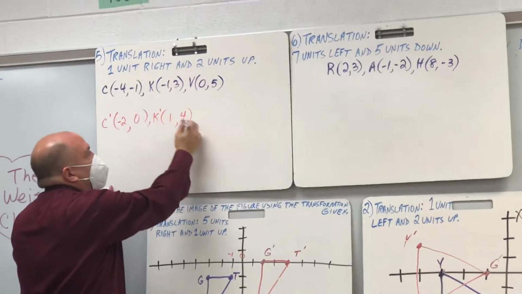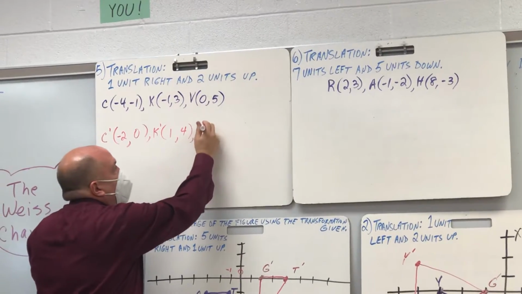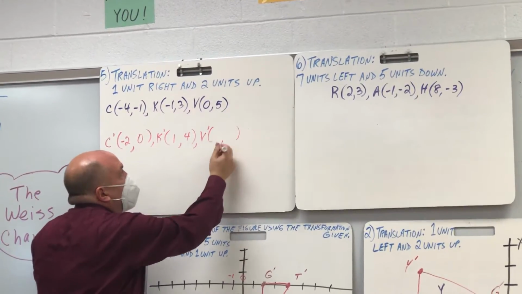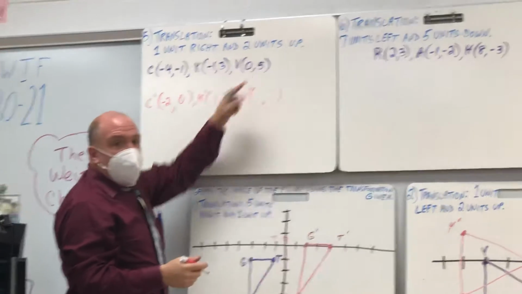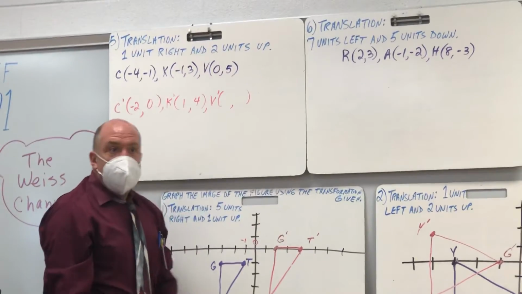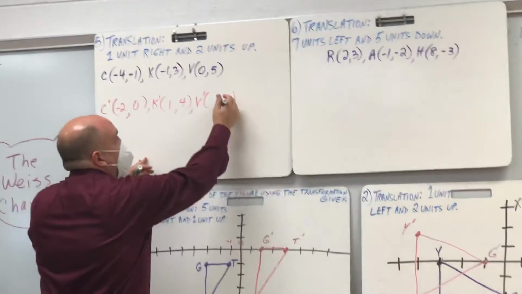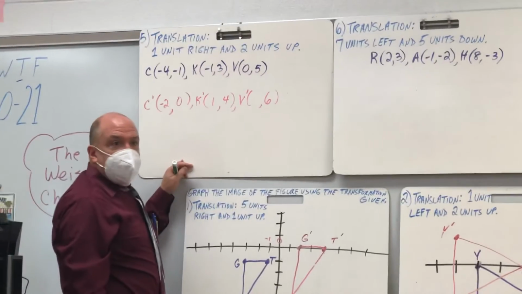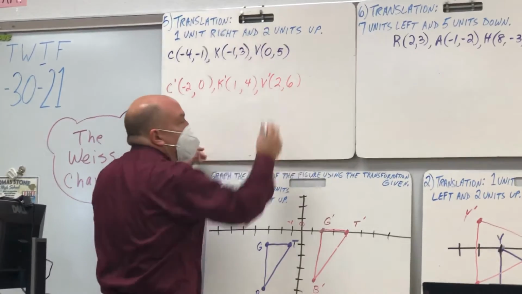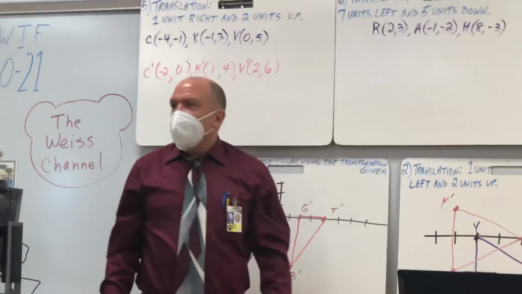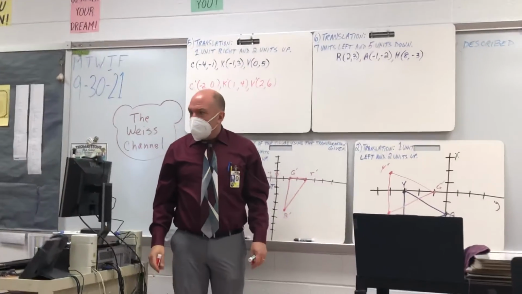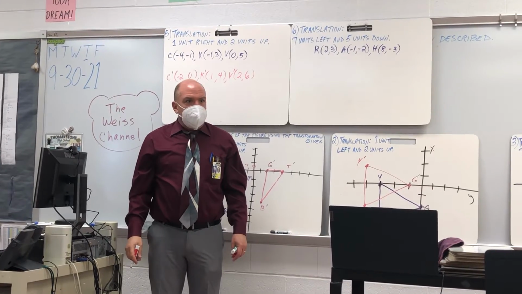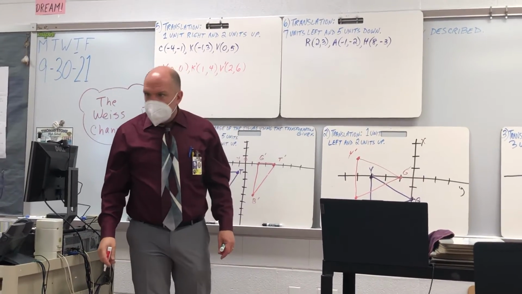Thank you, Antoine. V prime. Okay. 5, 1 unit after that would be 6. 0, 2 units up would be 2. Can I have a big nod there? Does everyone see what I did? Are we good there? I didn't get any nods. Is everyone okay there? We're good?